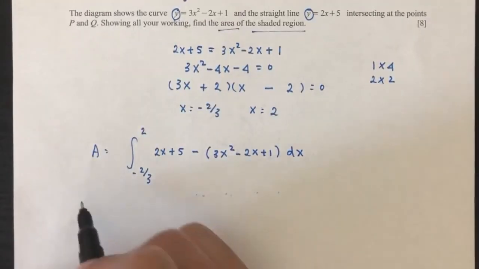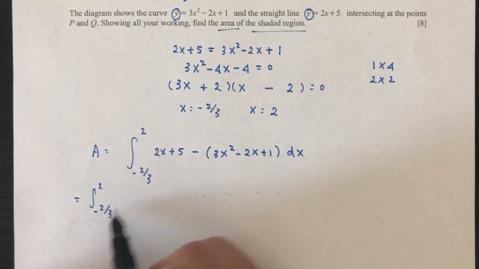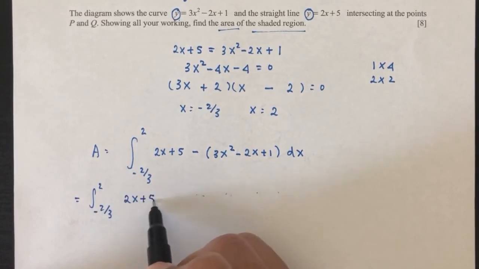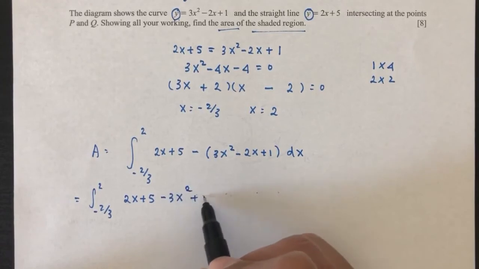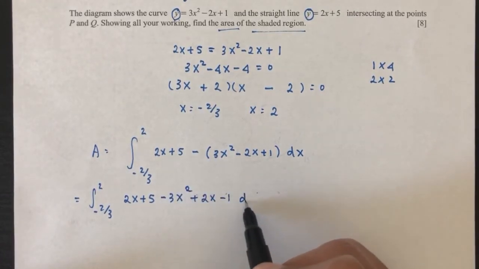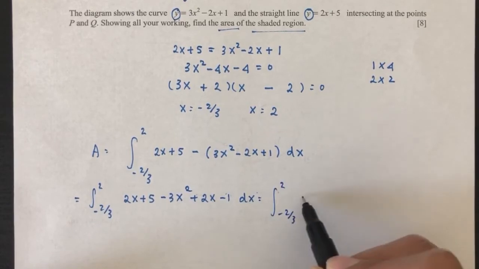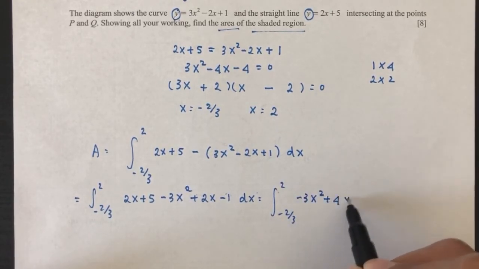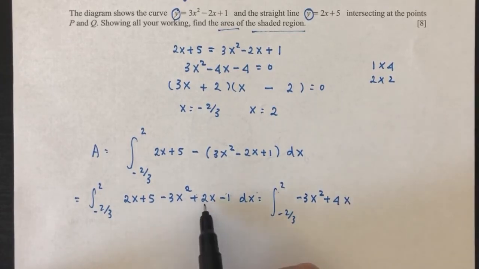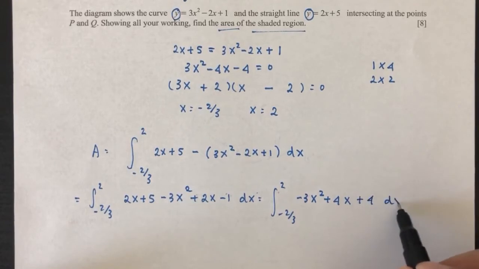So let's simplify this and see what we have. This is the same, and we have 2x plus 5 minus (3x squared minus 2x plus 1) dx. So simplify, it becomes minus 3x squared plus 4x plus 4 dx.